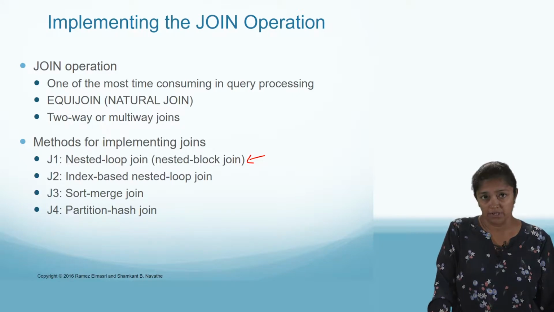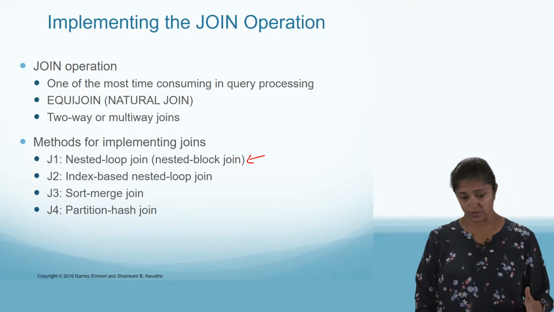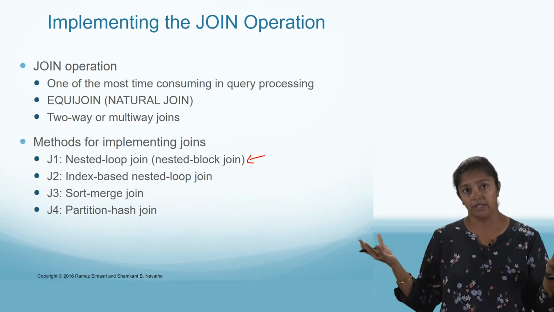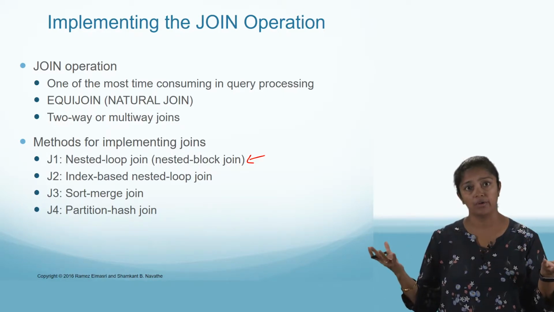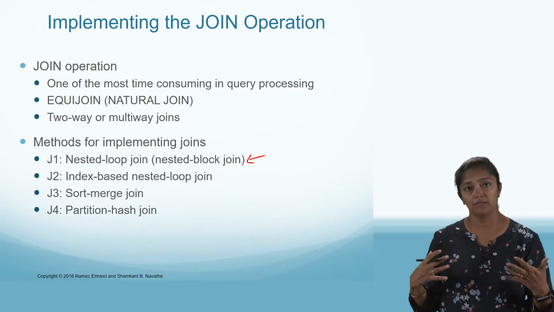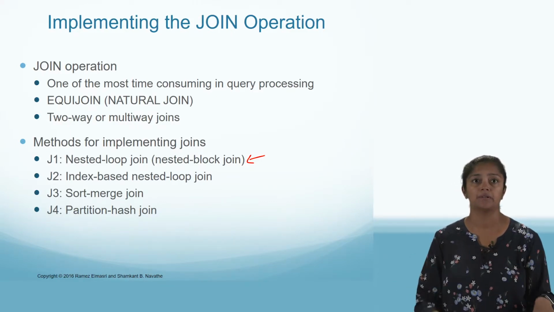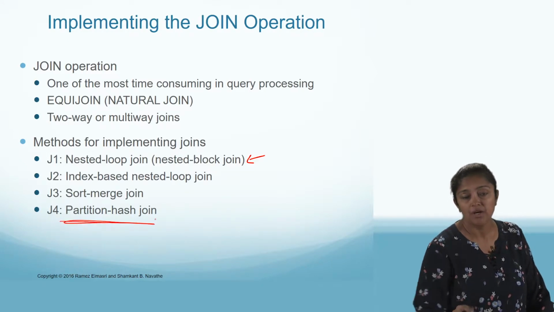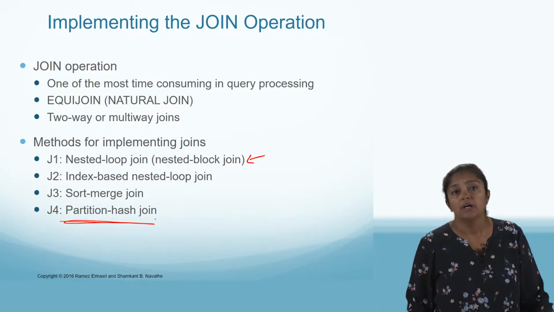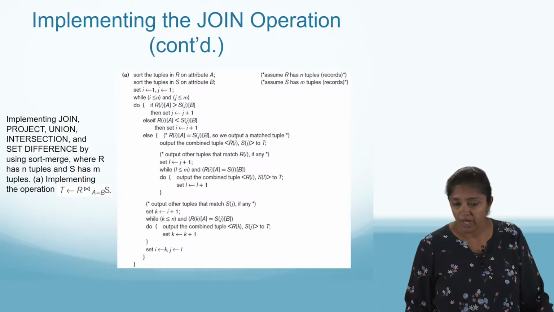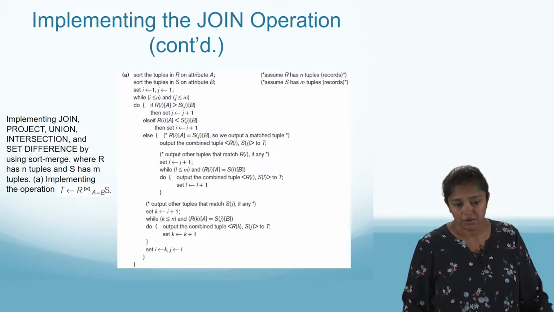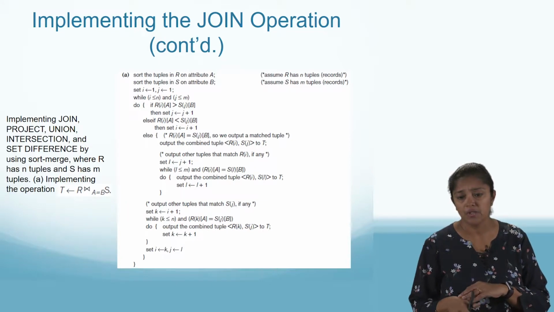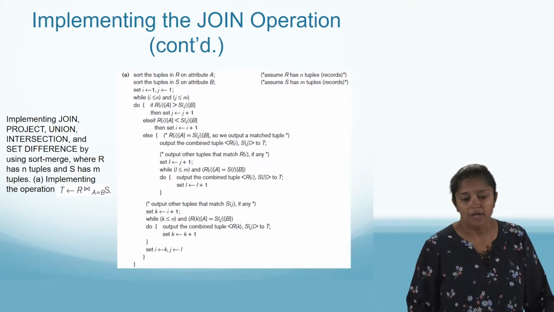The sort merge technique can be used as well, wherein we first pull in all of the data from both of the relations, sort them, and then merge them in doing the join. A fourth method is using hash keys and partitioning our data based on those hash keys, and then performing the join.